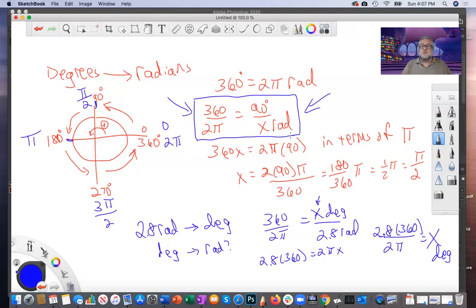My advice is use this thing, use the ratio, and make every problem look the same. Some people like to remember, well, if it's, let's see, 37 degrees and I want to change it to radians, so I multiply it by pi over 180 and I'll get the radians.